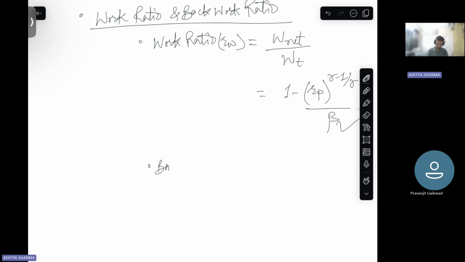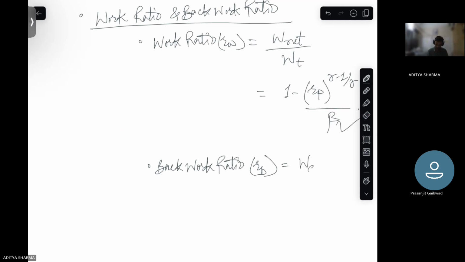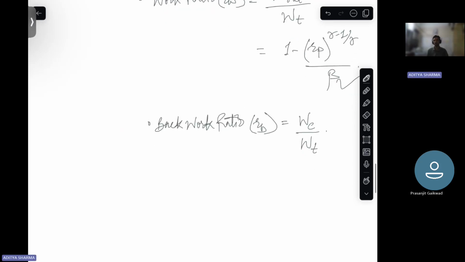Then back work ratio is your work input for the compressor to the work output from your turbine.